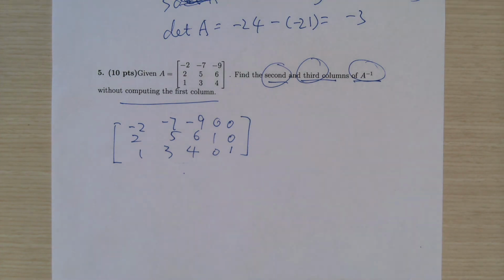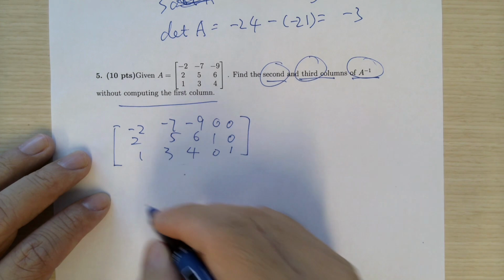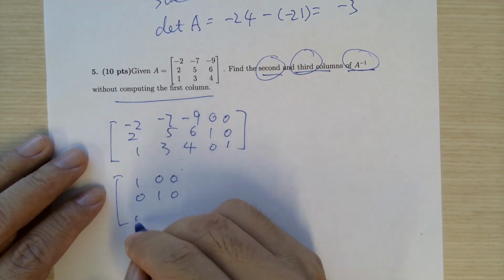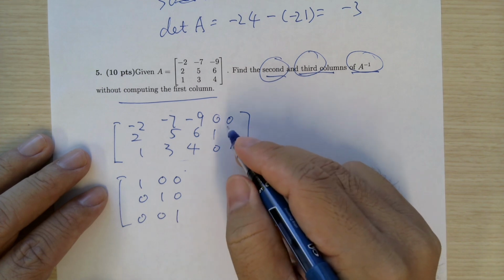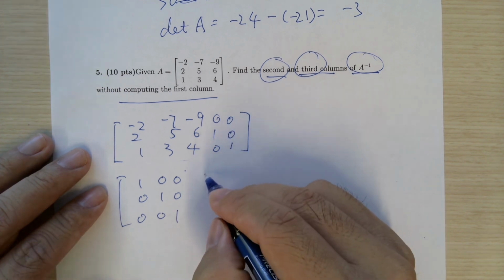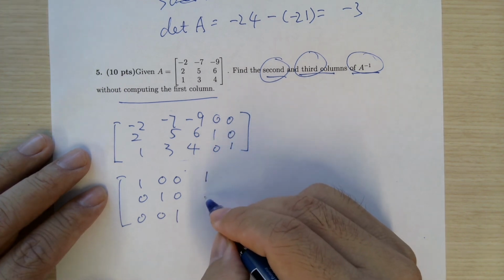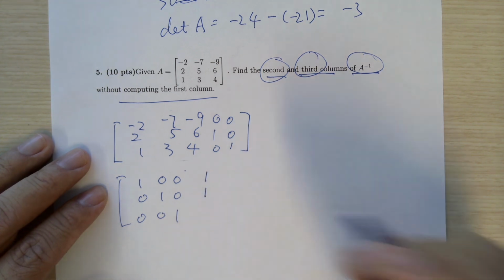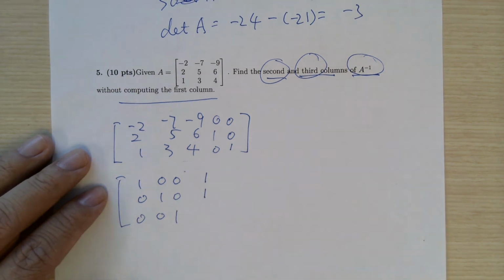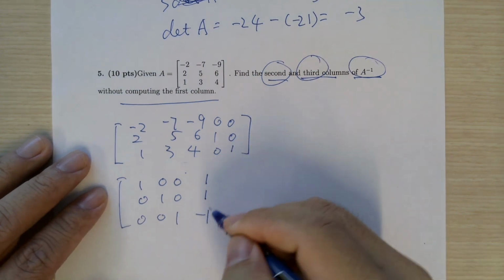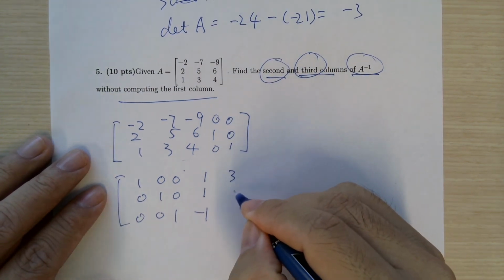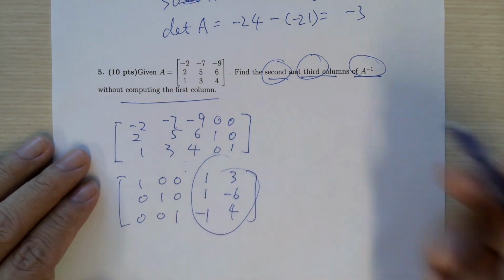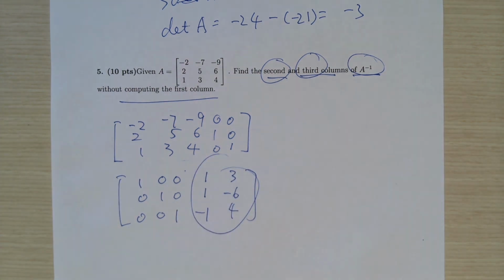Yeah, so it's the inverse. You will see that when you do that, 1 0 0 0 1 0 0 0 1, the second and third column is going to give 1, -1, and then 3, -6, 4. Okay, so you can verify your answers by yourself.